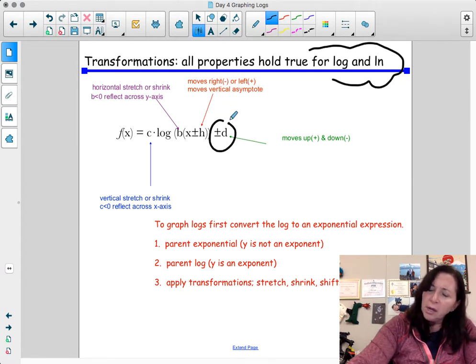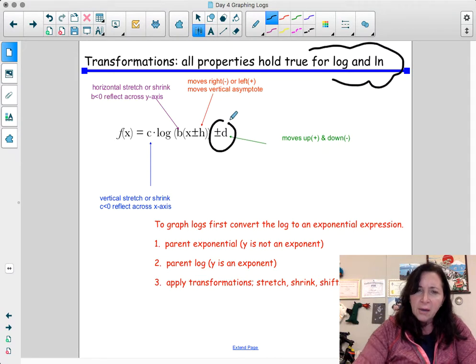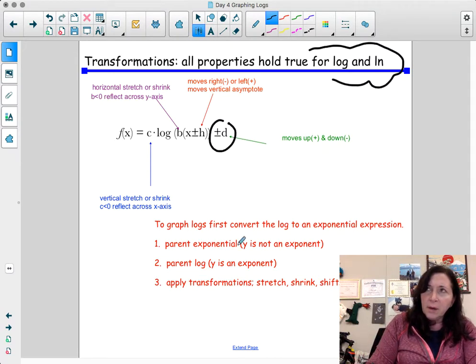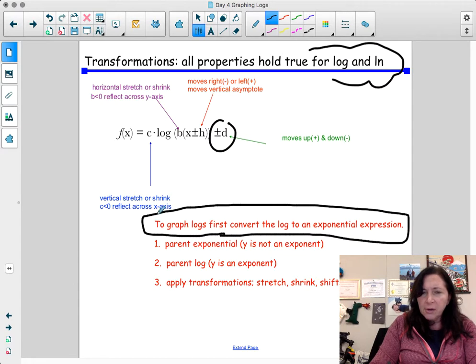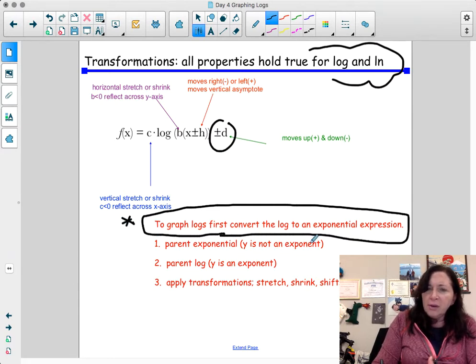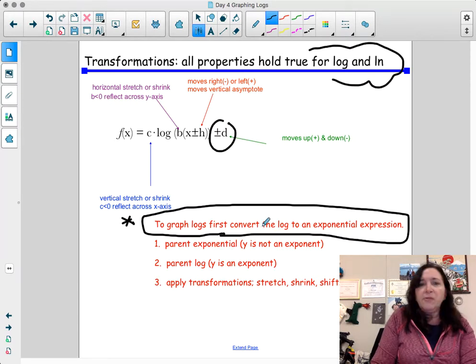Always, and a lot of people will take a log equation, and one of the steps is to convert the log to an exponential expression, because let's say you don't have a calculator that you can use on a test. How do you graph a base 5 equation?